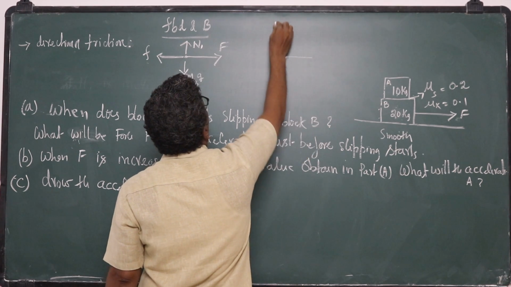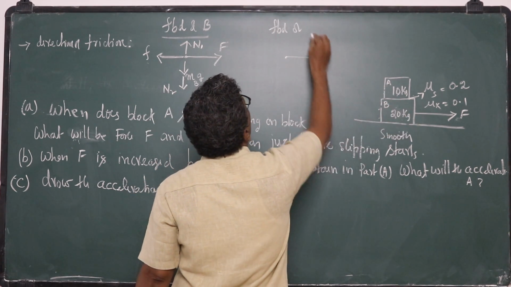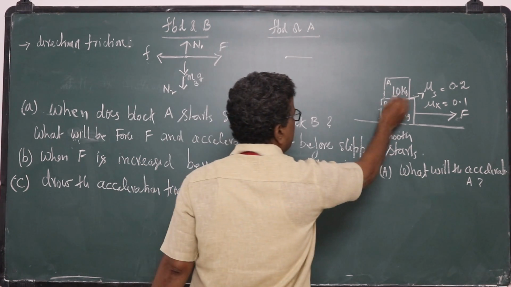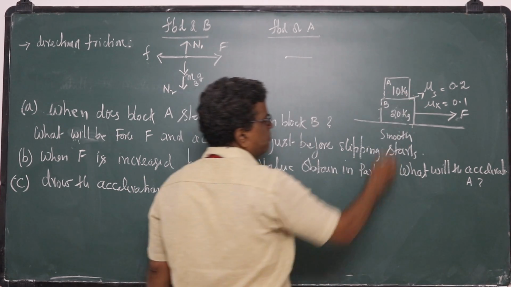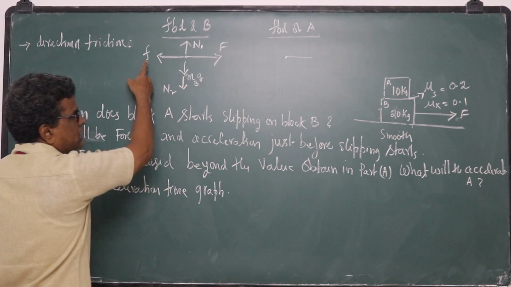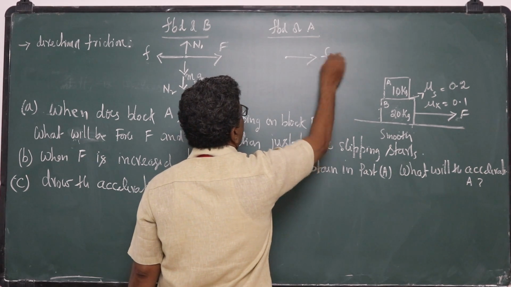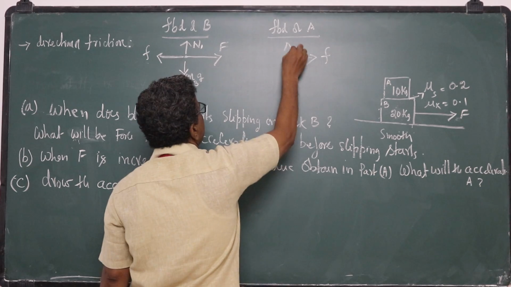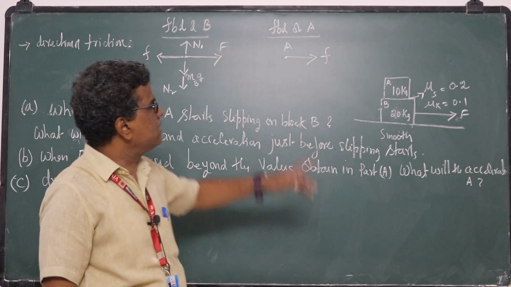So now you draw the FBD of A. This block A is moving along with the block B because of frictional force. So on B, the frictional force acts in this direction, and on block A, the frictional force acts in this direction. This is Newton's third law, so the frictional force also forms an action-reaction pair.